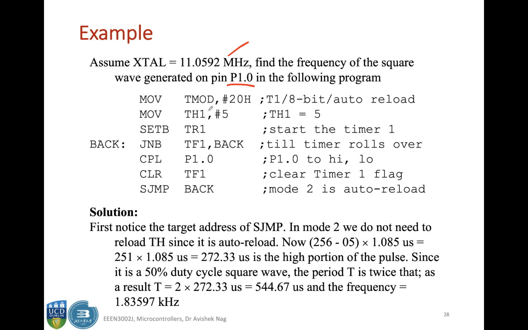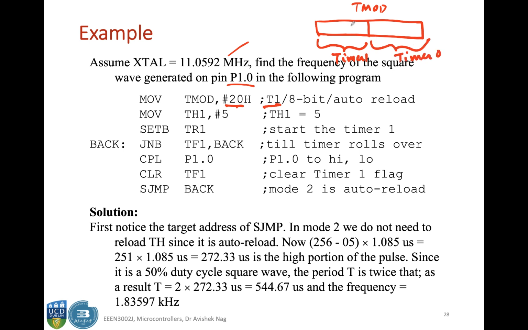So here we are loading timer 1 with mode 2. This is the combination that we are selecting. If you look into the TMOD register again, this part is for timer 1, and this is for timer 0.